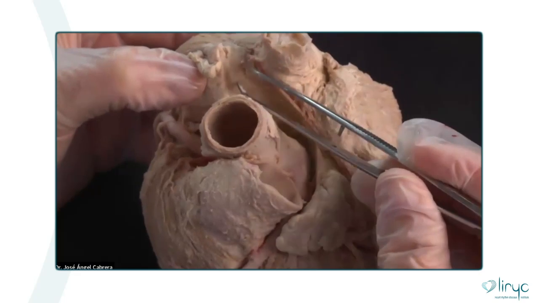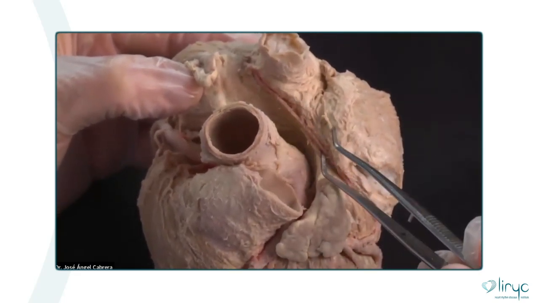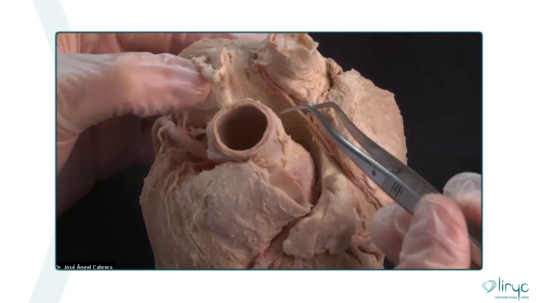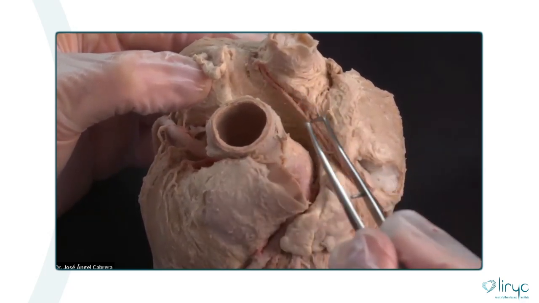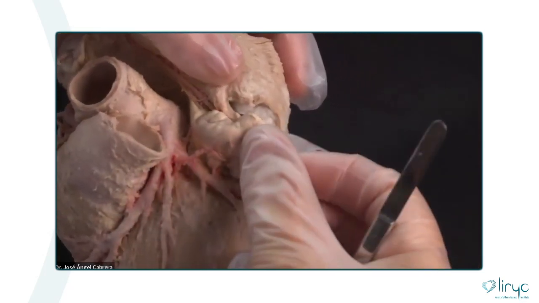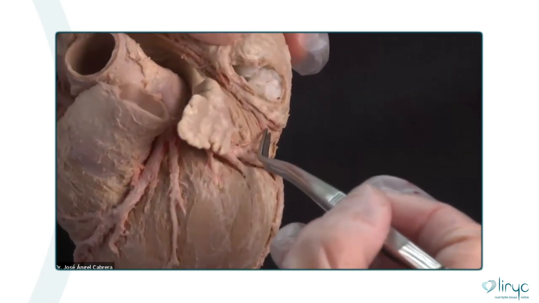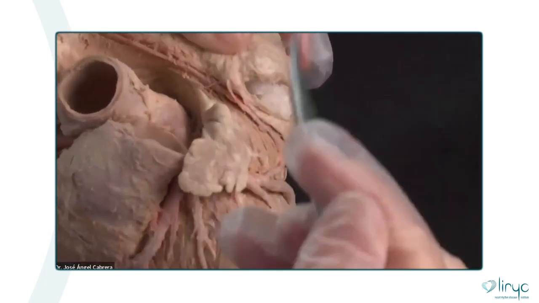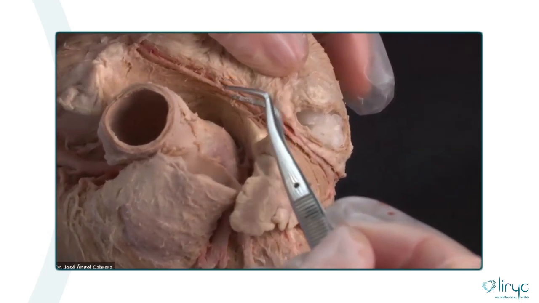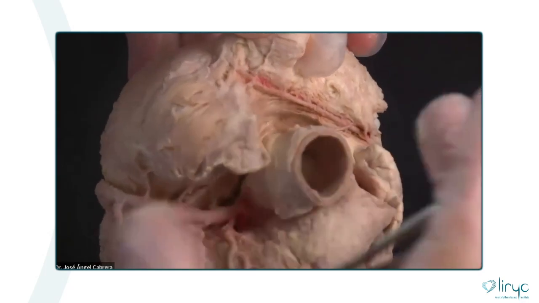And here we have the Bachmann bundle. Note in this specimen beautifully this artery arising from the circumflex artery. You can see that this is the circumflex artery. And arising from the circumflex artery here, this is the sinus nodal artery that in 20% of the cases goes to the sinus node.